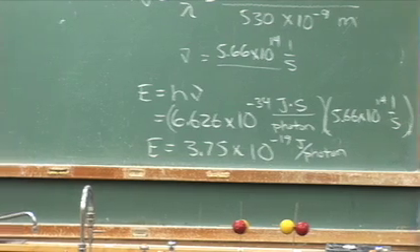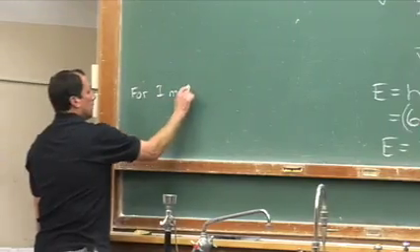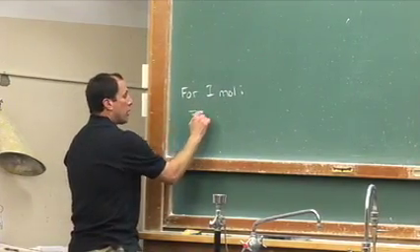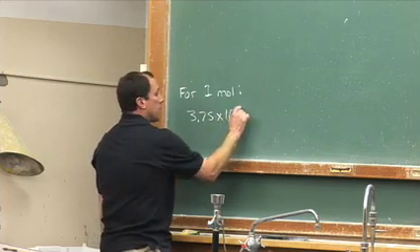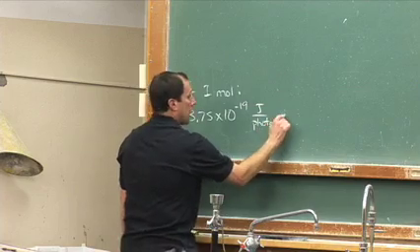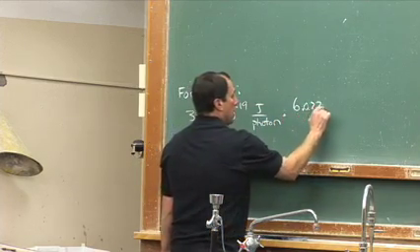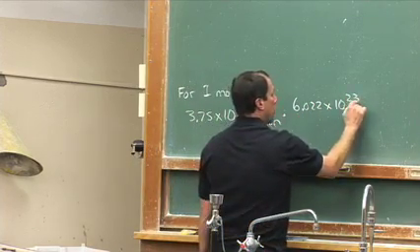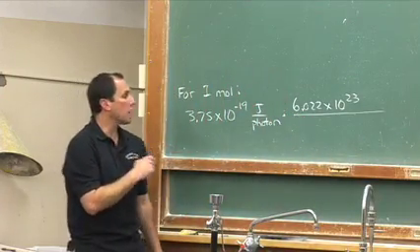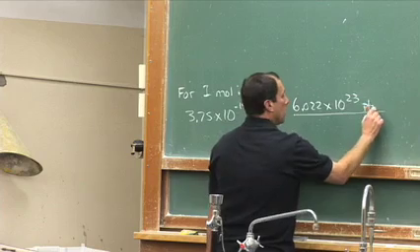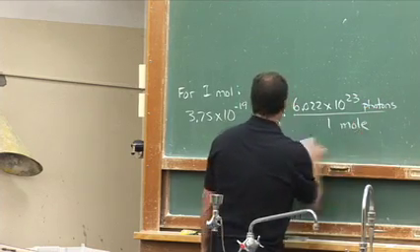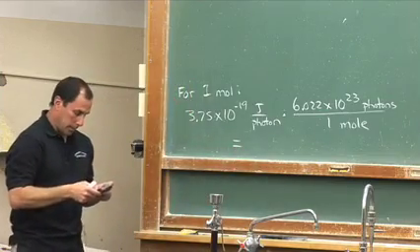For 1 mole, we would take that number and multiply it by Avogadro's number: 3.75 times 10 to the negative 19th joules per photon times 6.022 times 10 to the 23rd. The units of Avogadro's number are photons per mole. This many photons in 1 mole.